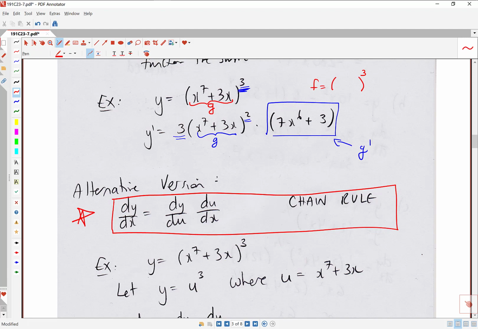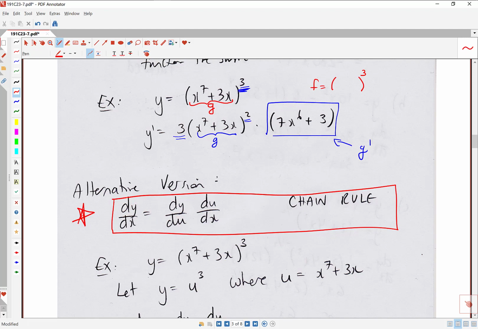If we read this, it says dy by dx equals dy by du times du by dx. On an intuitive level, this seems like it should be true. Just notationally, it looks like it should be true because you could imagine the du's canceling over on the right side here. So it seems true that both sides should equal dy by dx.